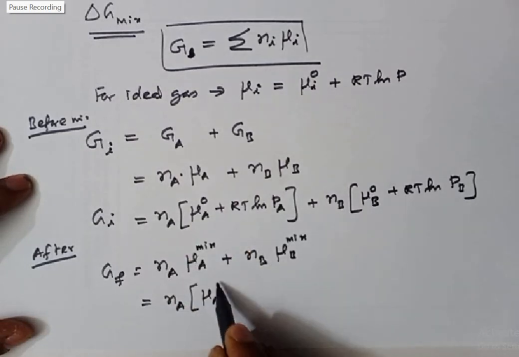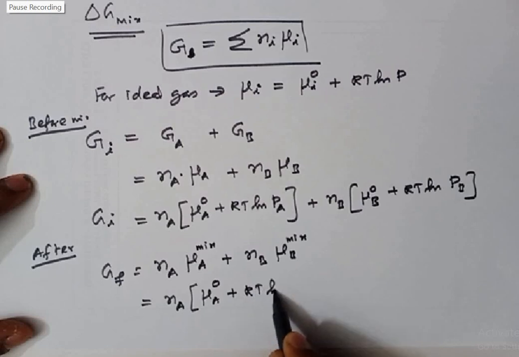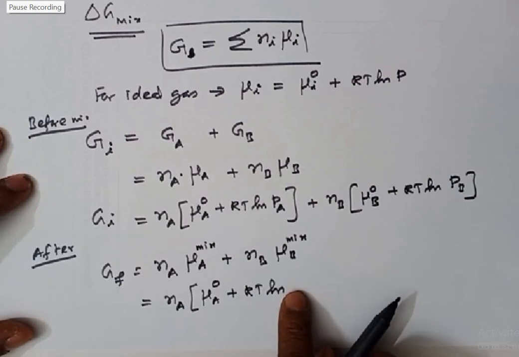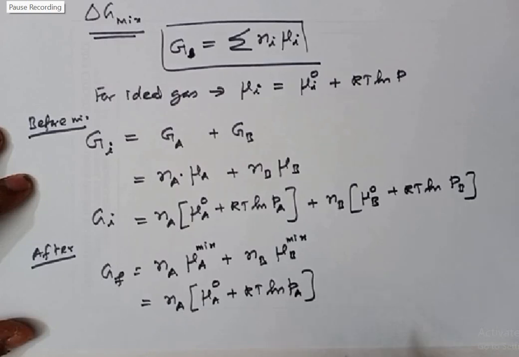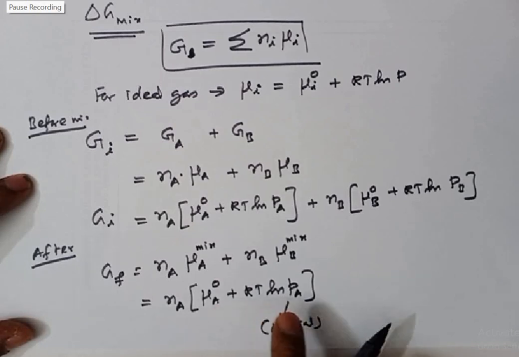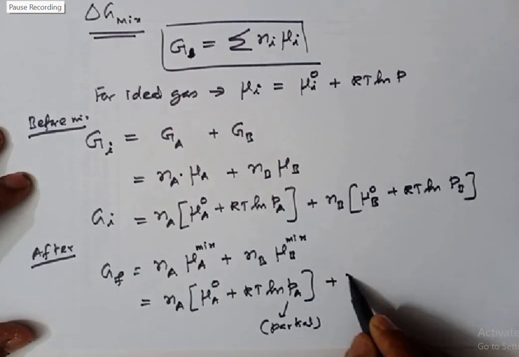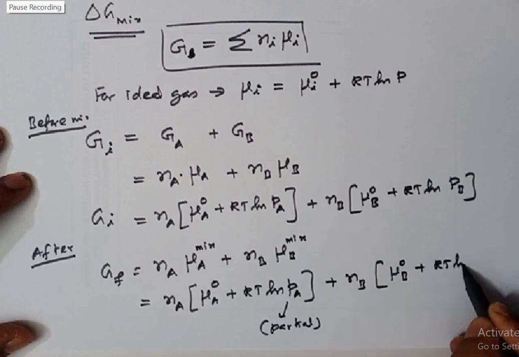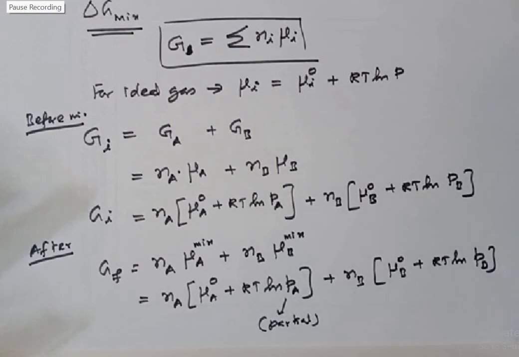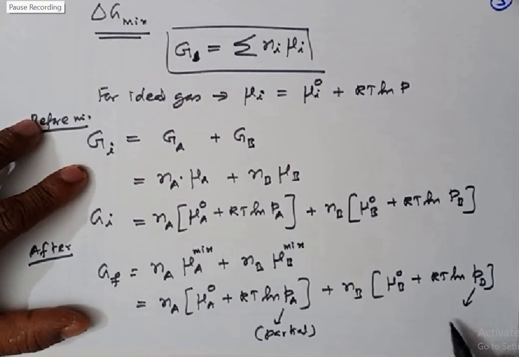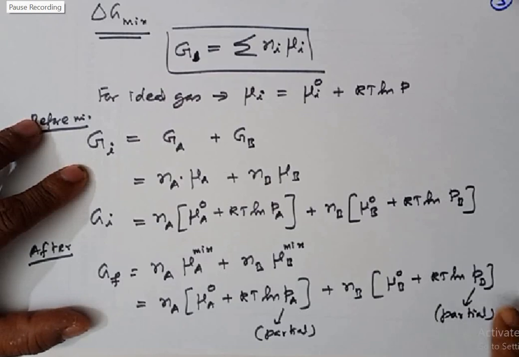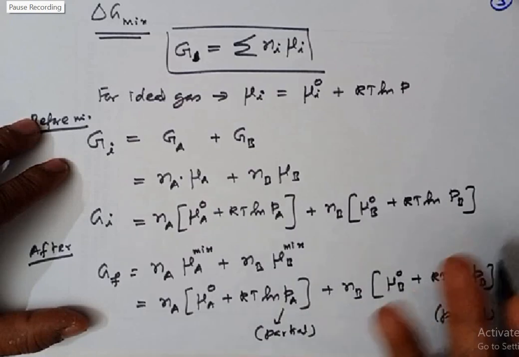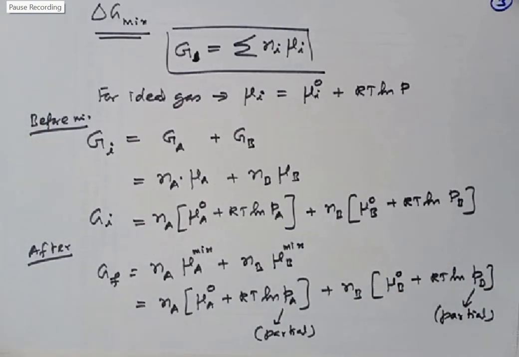It's the standard chemical potential of A plus RT ln, and in place of pressure you should put the partial pressure of A, because we are calculating the chemical potential in the mixture, plus number of moles of B into the standard chemical potential of B plus RT ln partial pressure of B. Since A and B are ideal gases, you know very well the partial pressure is equal to mole fraction into total pressure. Let me write that on the next page.